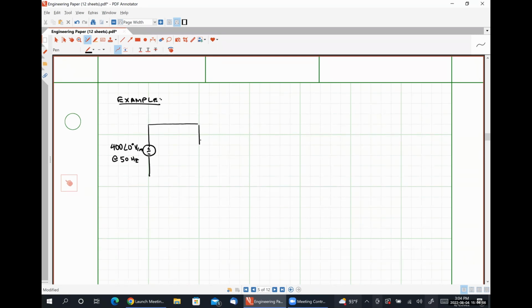And this is connected to a motor, where the motor draws 1 kilowatt at a power factor of 0.8 lagging.